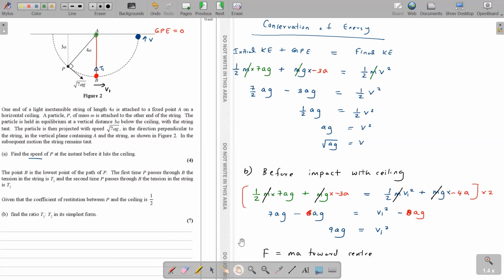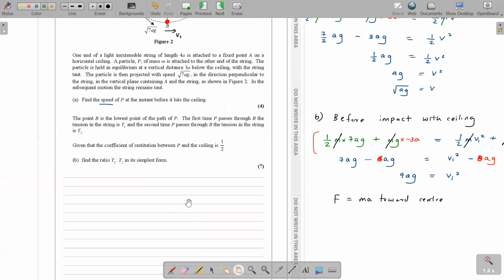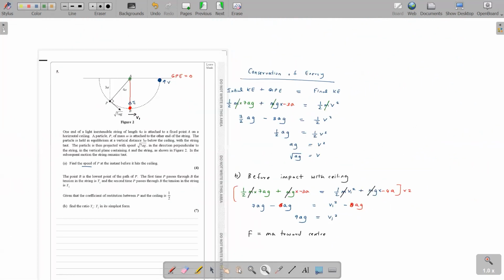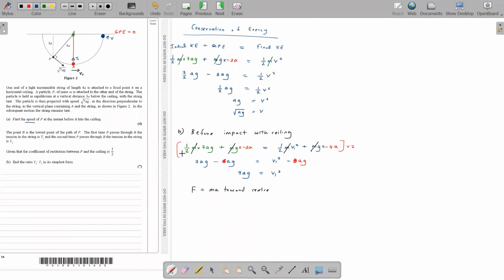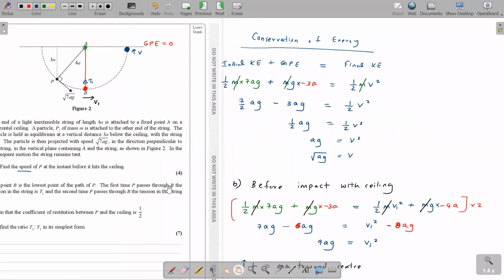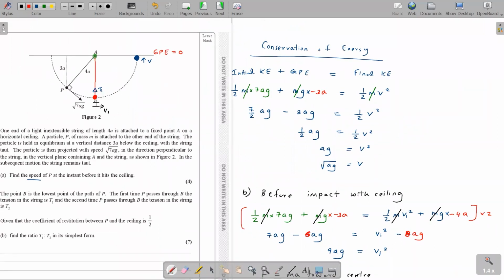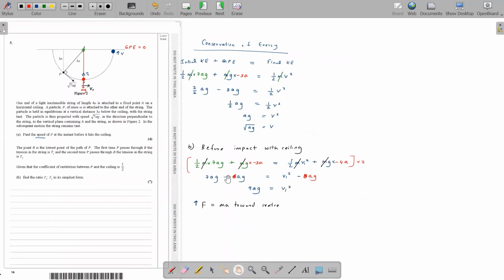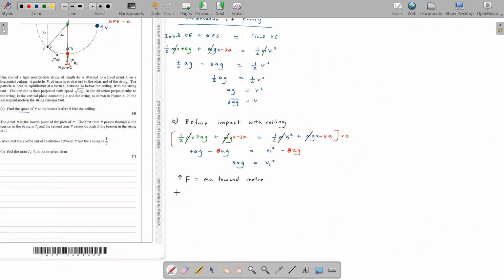Are you listening? So apply F equals ma upwards. I have not marked one force here, mg, so we have to mark mg. When you apply it upwards, we get tension T1 minus mg equals m times acceleration. Are we going to use r omega squared? We found the velocity at that point, so why go for r omega squared?